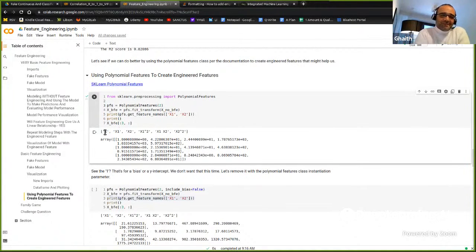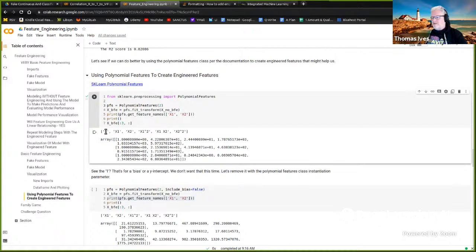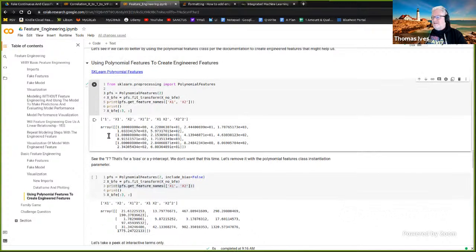Now let's remember we've included the y-intercept, or the bias they call it, and we may or may not need that. We don't want that this time, but we could experiment with it and without it and see which one is better.